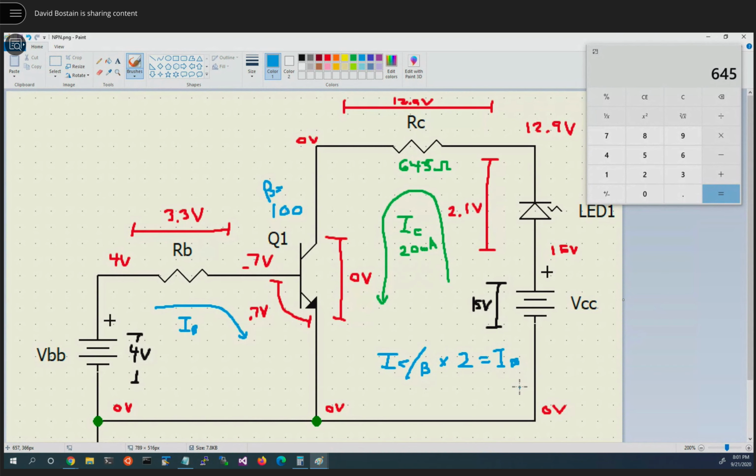So we got 20 milliamps, 0.02, divided by 100, equal that, times 2 equals that. Well, we move it 3, that's not quite far enough. We move it 6, so that means this needs to be 400 microamps.